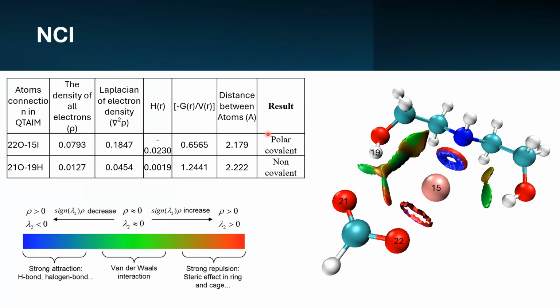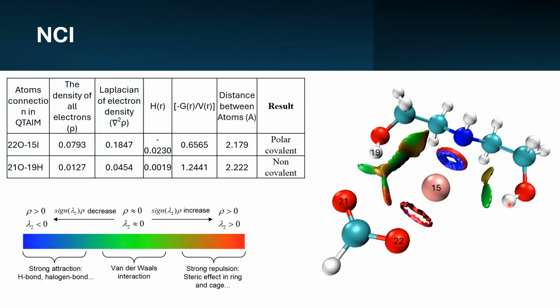So if you have a look here, this was a polar, sorry, partial covalent bond. And this was a weak hydrogen bond, or you see that it fills green, it is in the range of van der Waals interactions. And then there is some repulsion because of this lone pair on oxygen atoms and the bigger size of the iodine atom.